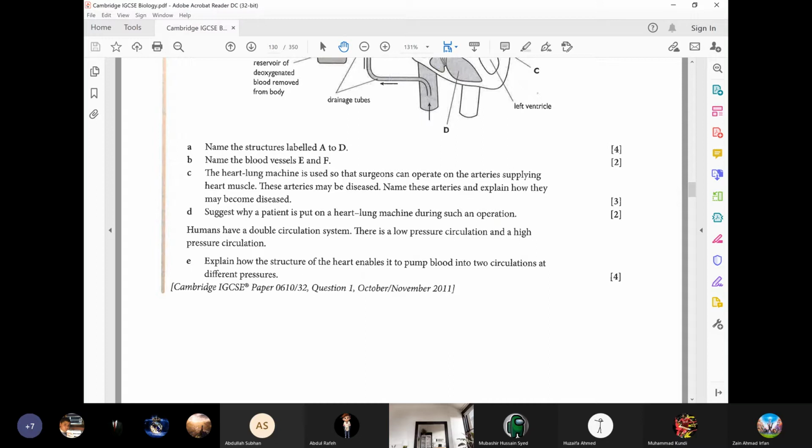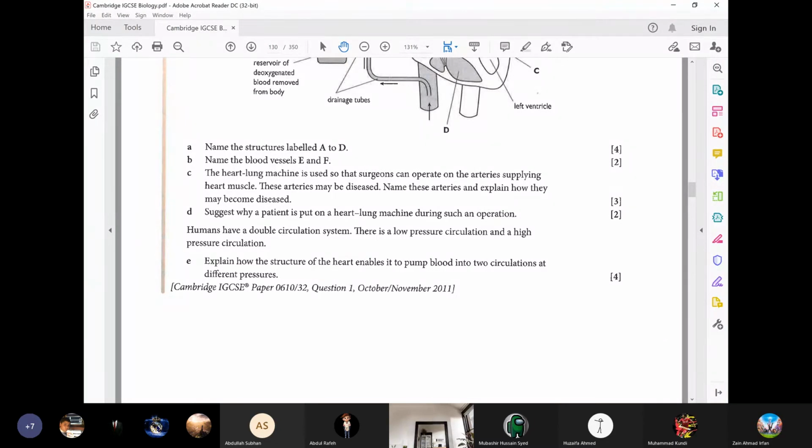It's a very easy answer. Okay, boys, listen. Remember, we have learned that the left ventricle has thicker walls and the right ventricle has thinner walls.